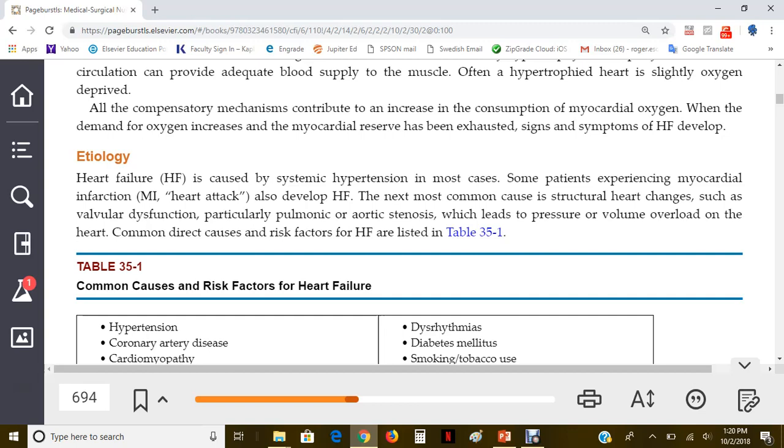So one of the first blood tests that the doctor will order, among others, will be a BNP level. So that would be kind of a shortcut. If a patient has elevated BNP, that will narrow our suspicion to heart failure and will rule out other causes.